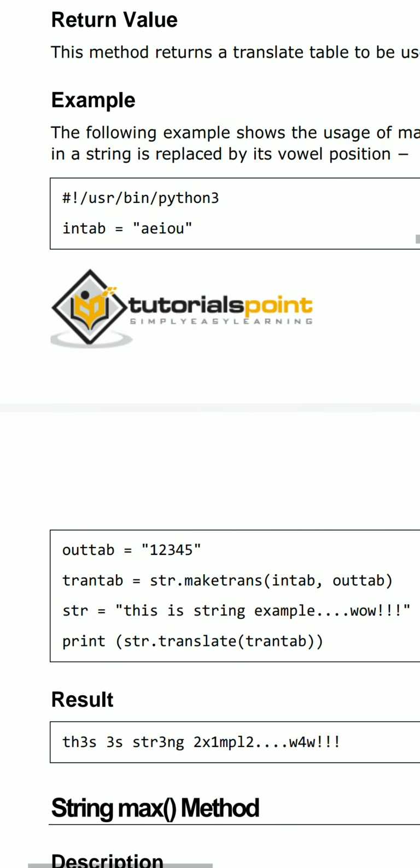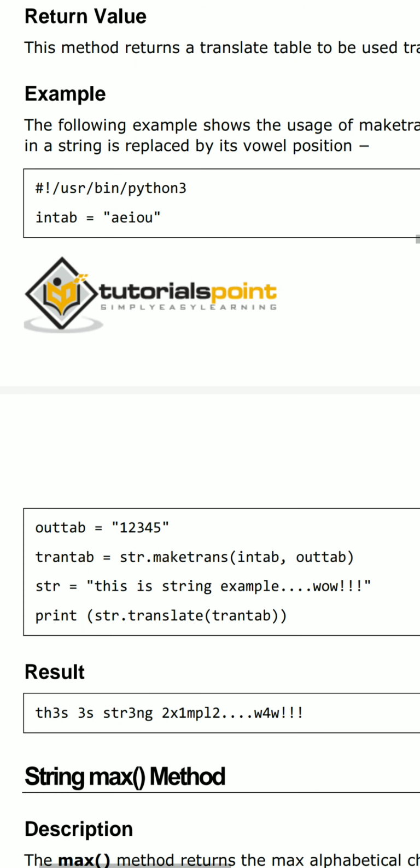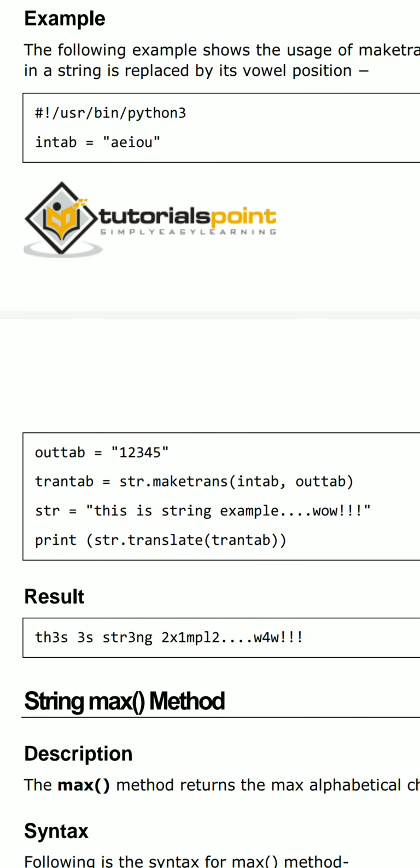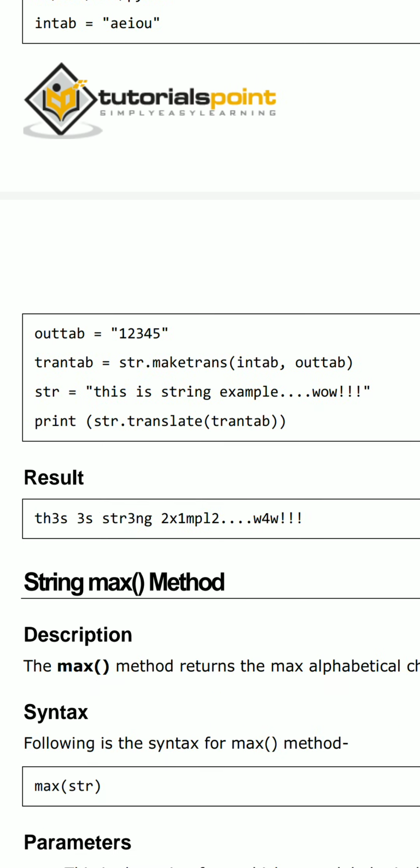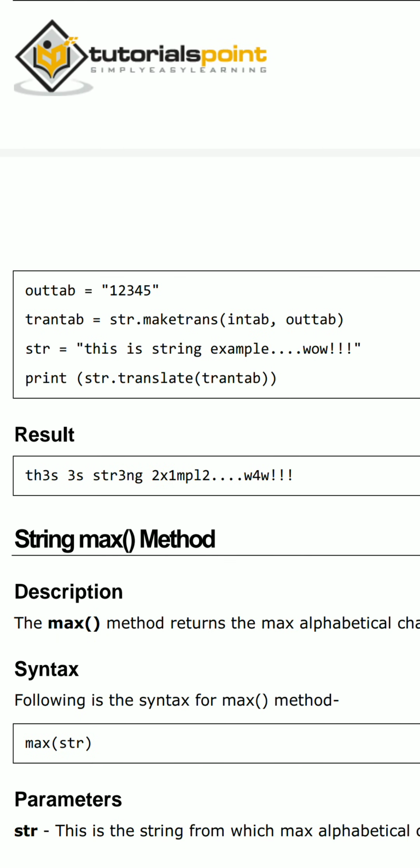Kindly observe here I have taken a small program. Intab has the collection of characters a e i o u, and outtab has the collection of characters 1 2 3 4 5, and then transtab is a variable in which I am storing some value, by calling the maketrans method as str.maketrans(intab, outtab).